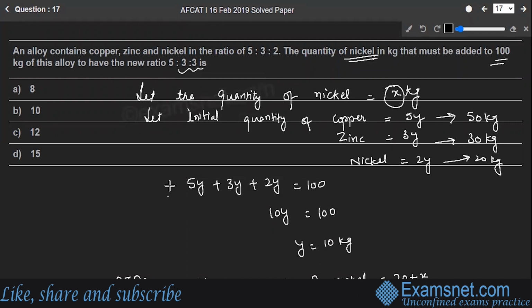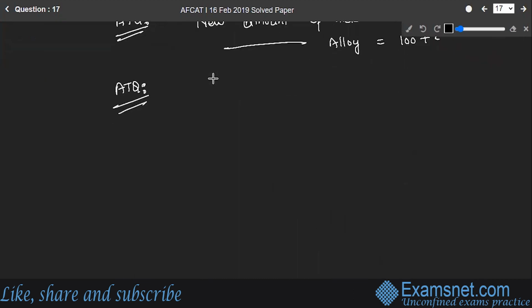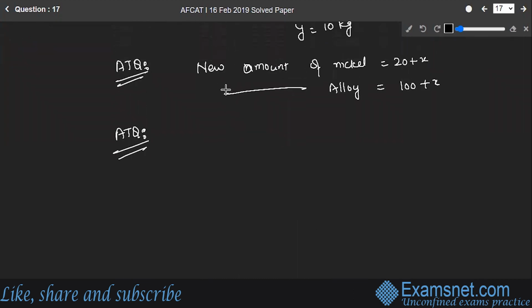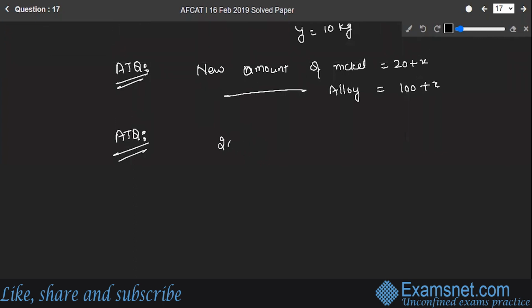That means this 3 is the ratio of new nickel in the new alloy. Thus, 20 plus X upon 100 plus X is equal to 3 upon 5 plus 3 plus 3, because this is the whole ratio, the sum of the ratio of the alloy.